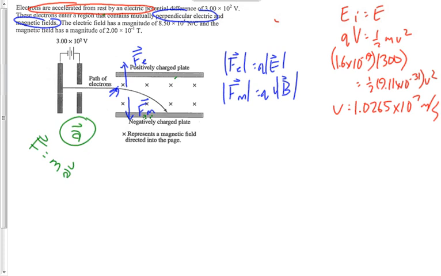Before we do that, let's recognize, no, let's do that. Let's just do it. Okay, let's just get it. The magnetic force is QVB. It's 1.6 times 10 to the minus 19 times the speed that we just got times the magnetic field strength, which is 2 times 10 to the minus 1 Tesla.